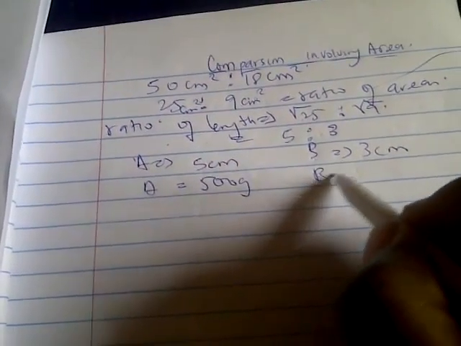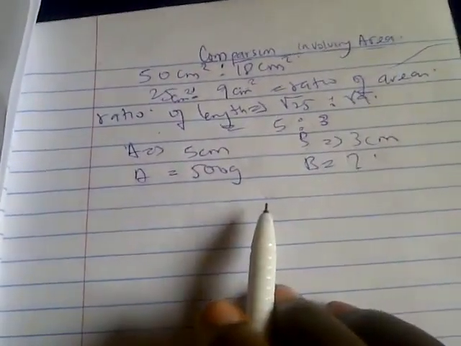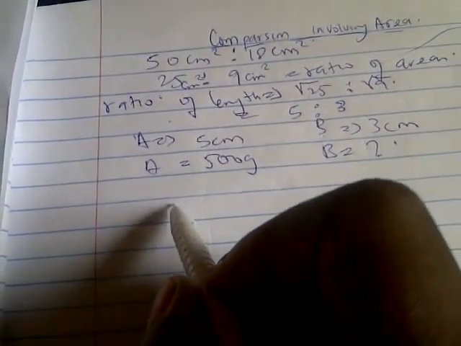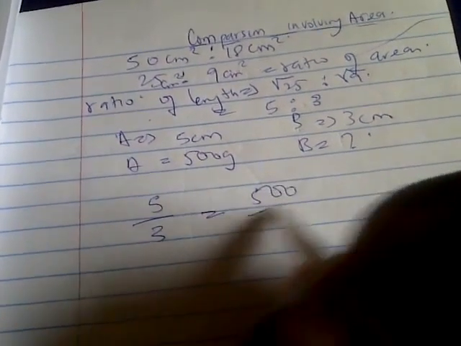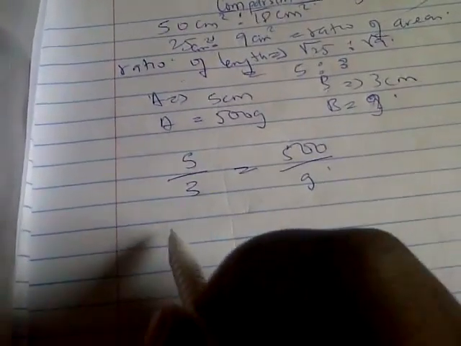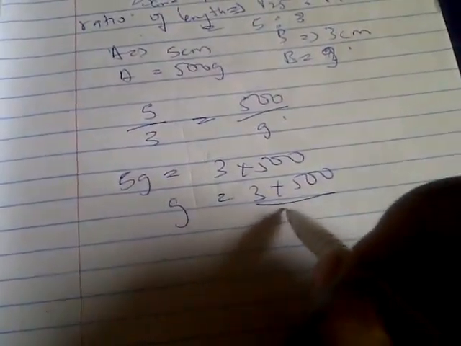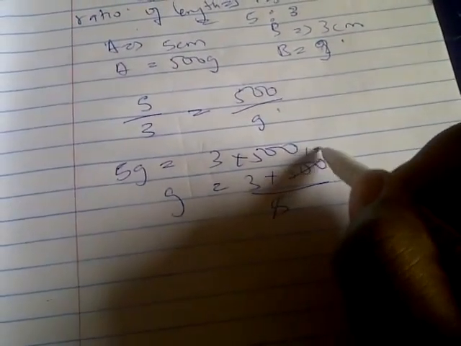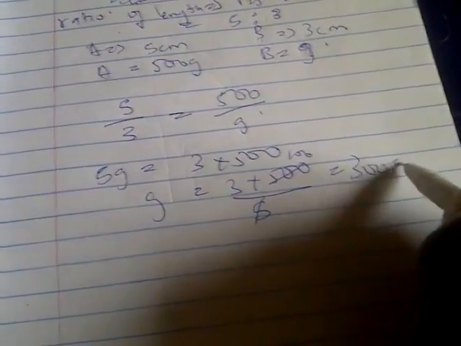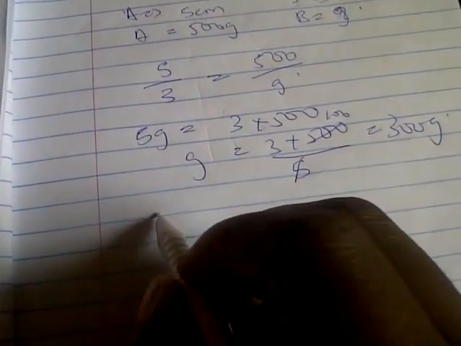B, we don't know the gram content, so using our ratio we'll have 5 over 3 is equal to 500 over G. Let's call this G. You now have that 5G will be 3 times 500, then your G will be 3 times 500 divided by 5, so it's going to be 300 grams. So the mass of B will be 300 grams.